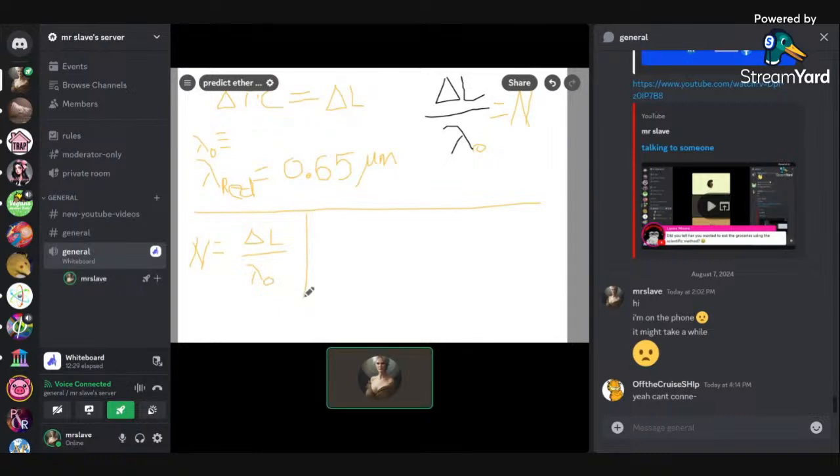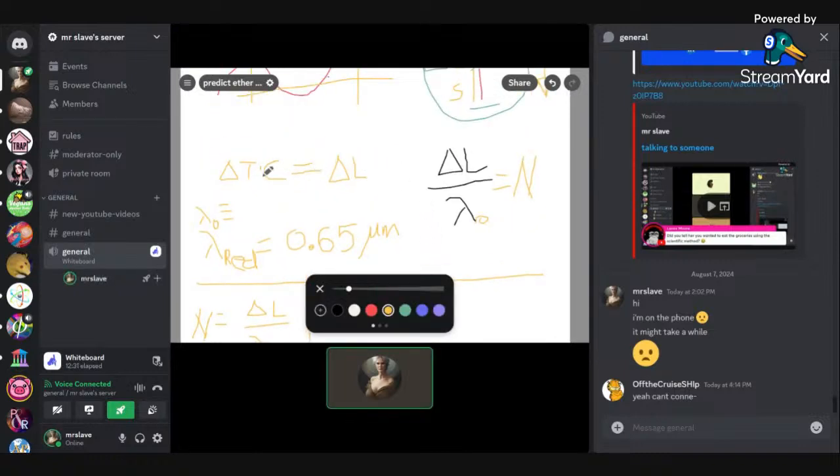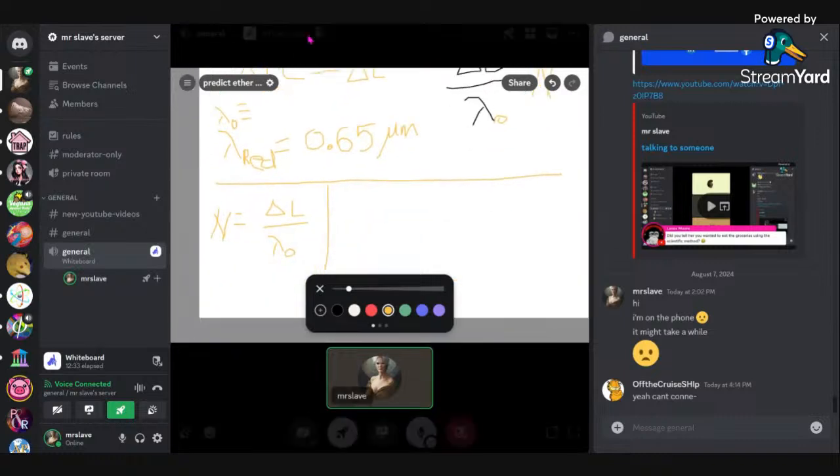Delta L is equal to delta T times C. We know C. C is famous, 300 million meters per second.